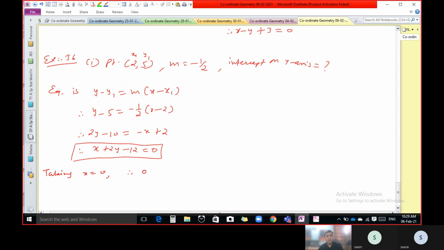What we get? 2y minus 12 equal to 0. So 2y equal to 12, y equal to 6. Intercept on y axis is 6. That is our final answer.